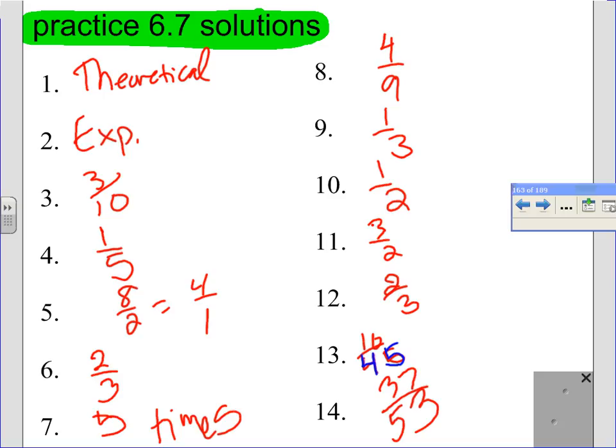If it's odds in favor, how many of that number are there over how many of that number are there not? Odds against is the opposite. How many of that number are there not over how many of that number are there? So the only time you use total is regular probability. There's two, odds in favor and odds against.